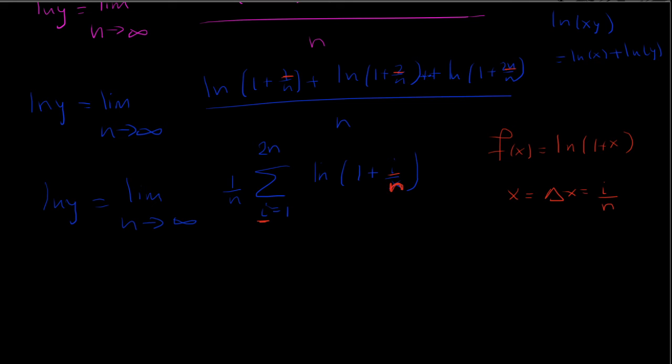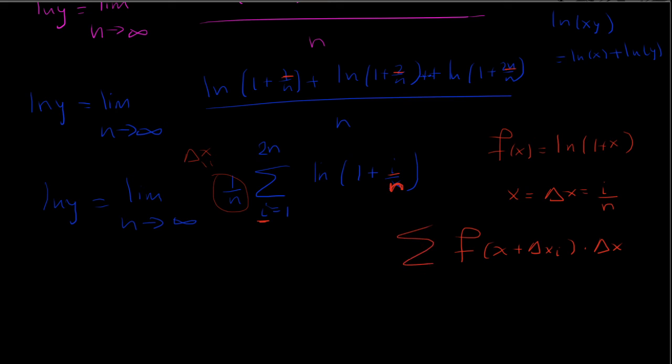Okay. So this thing is really the definition of the integral. And just to recall, that looks like f of x plus delta x i times delta x. Here the delta x is the 1 over n.